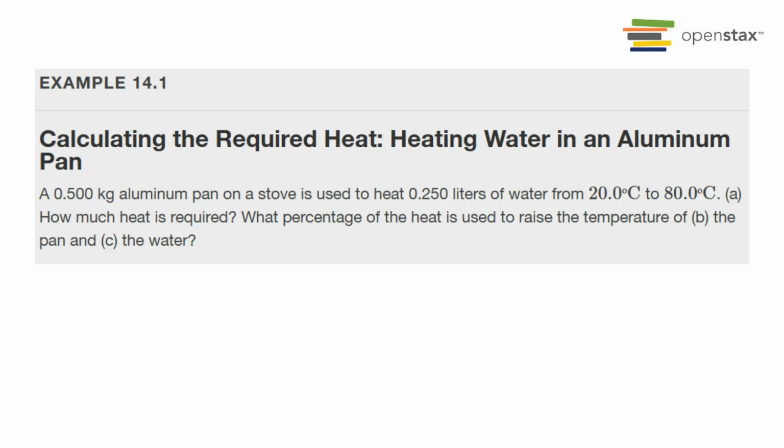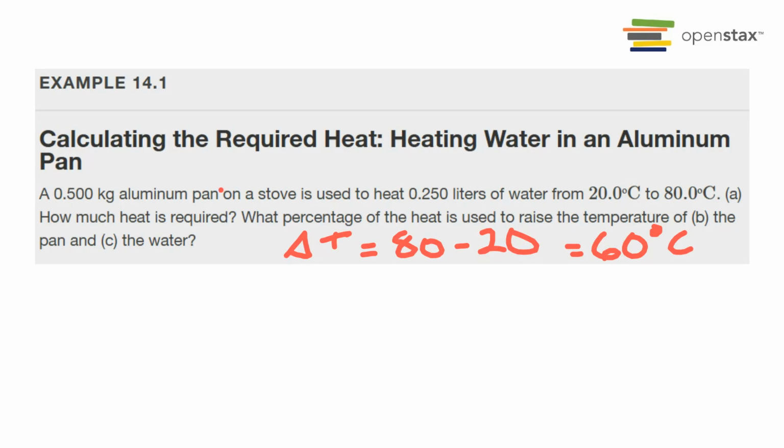The first thing we're going to do is figure out what delta T is. So delta T is equal to 80 minus 20, or 60 degrees Celsius.